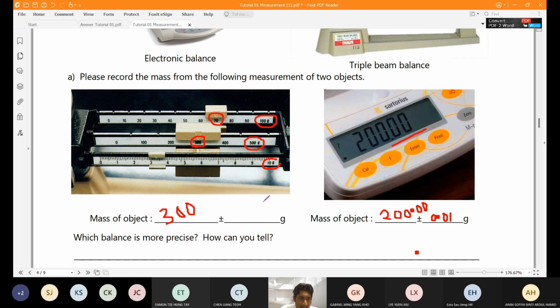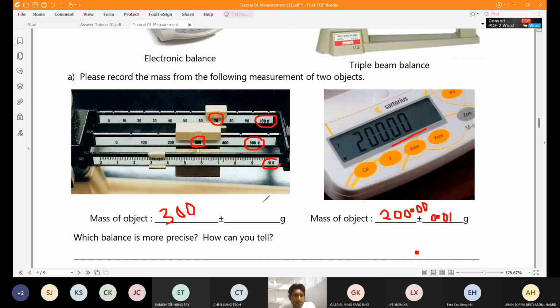The slide bar is in between the 2 markings in the graduation, but we do not know exactly where. So you have 373.35 plus minus 0.05. So this is the measuring.